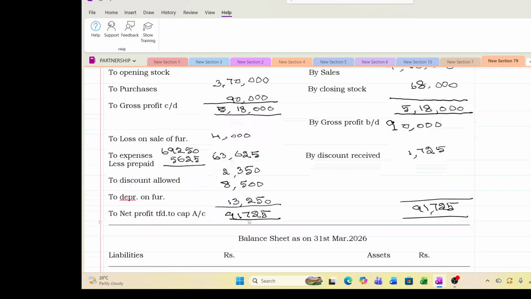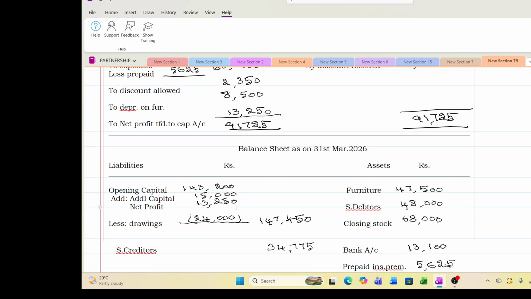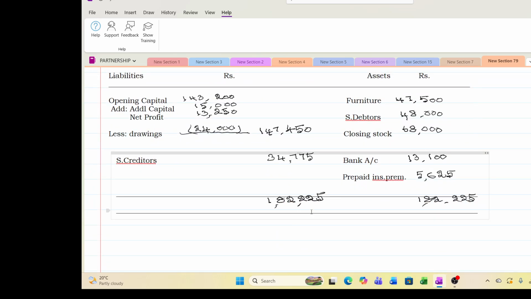We got the net profit transferred to capital account, 13,250. Now we have to add that 13,250. So now it comes to 1,47,450 and then the creditors, the total matches 1,82,225. I hope it's clear to all of you.